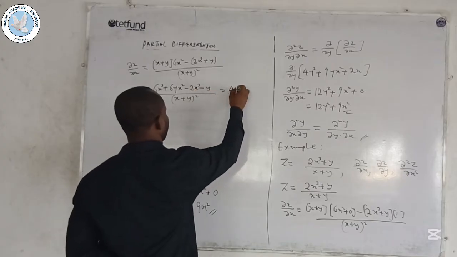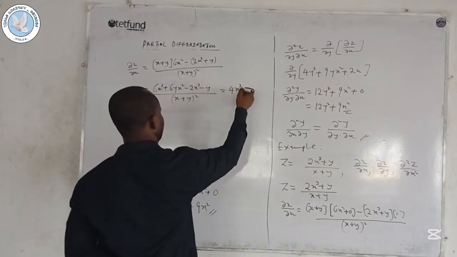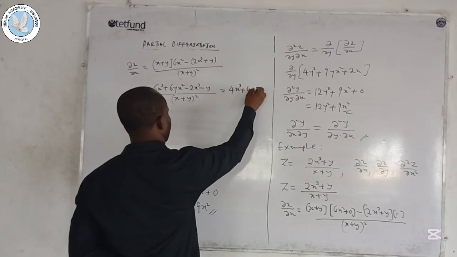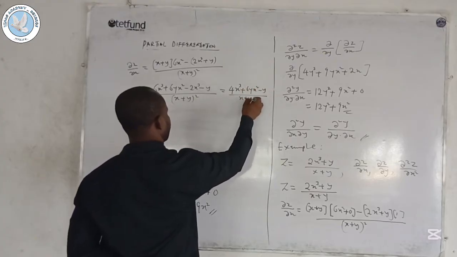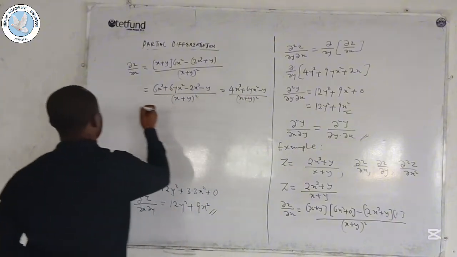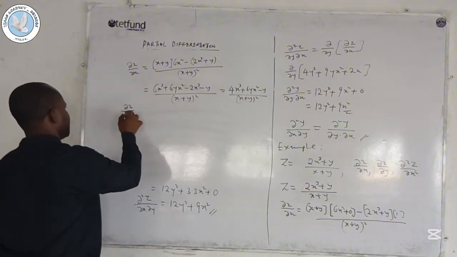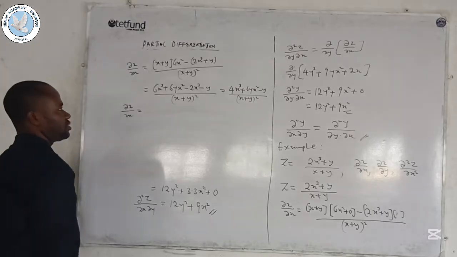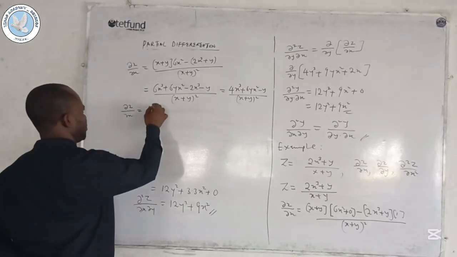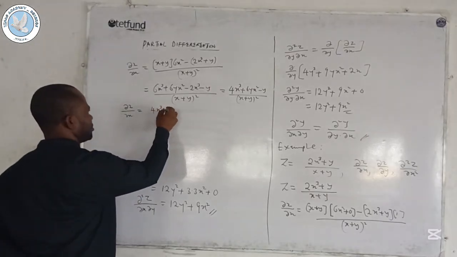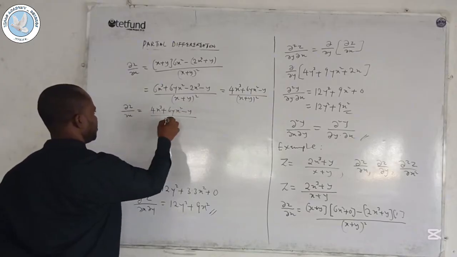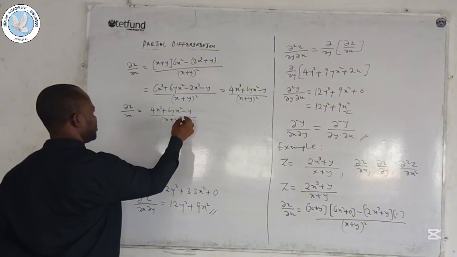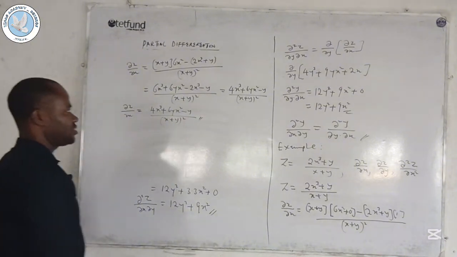We have 4 cube plus 6y plus y divided by this. So the partial differentiation with respect to x is giving us this plus this divided by this. So that is our answer.